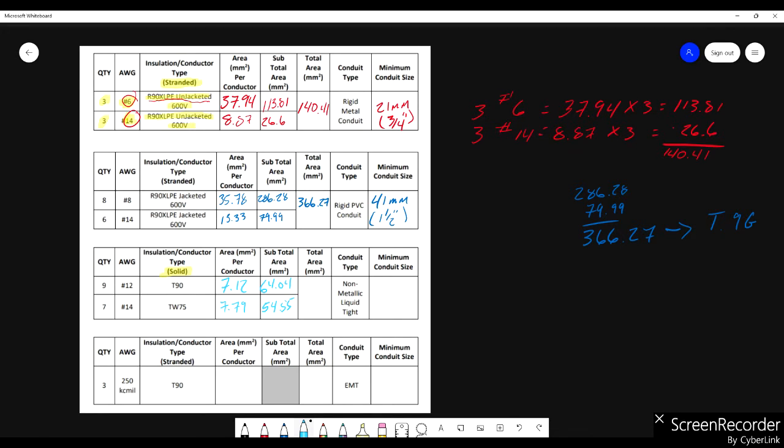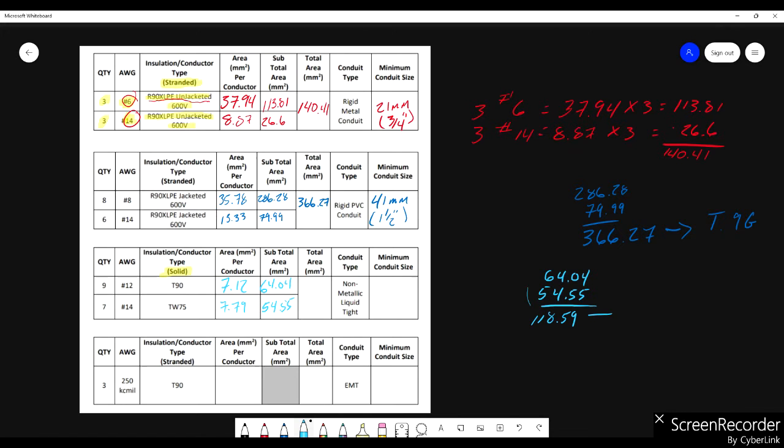And again, add those two numbers up. 54.55. Add those up. Let's see what we get here. 64.04 plus 54.55. 118.59. 118.59. And I think you get the idea here of what we do next.